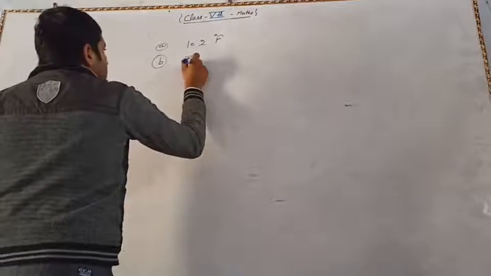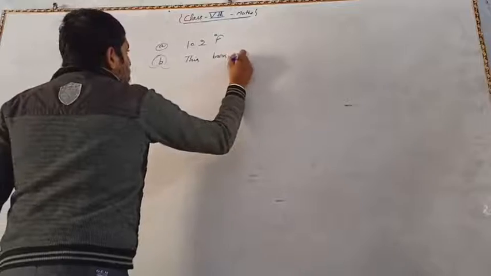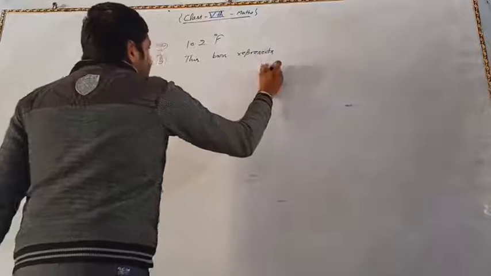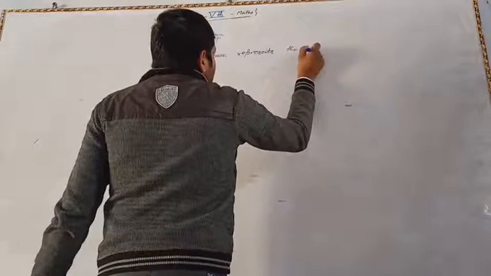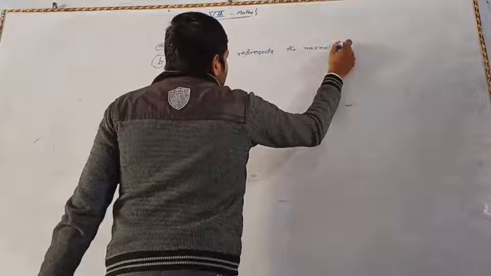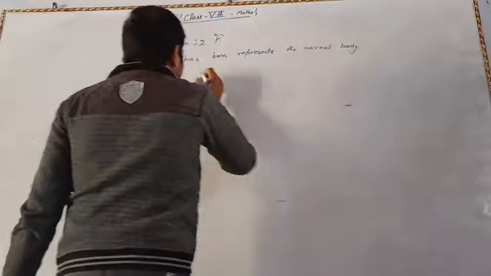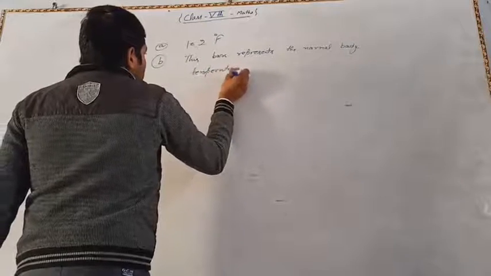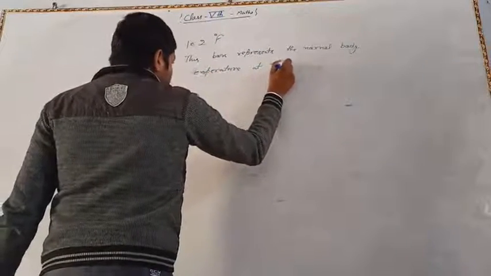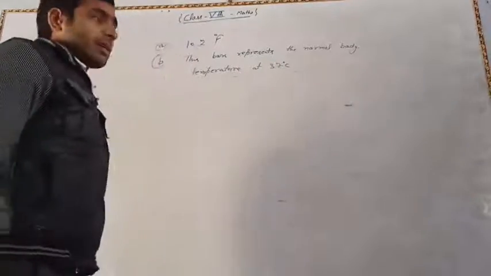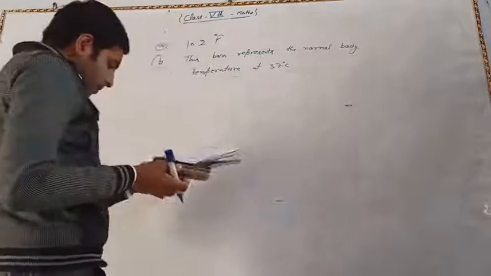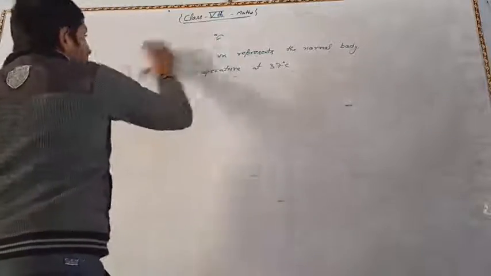This box represents the normal body temperature, the normal body temperature at 37 degrees centigrade or 37 degrees Celsius. So this box is given around 37. So this is your problem number 2, and this is the solution of problem number 2.